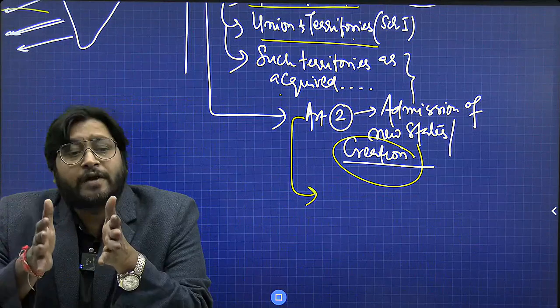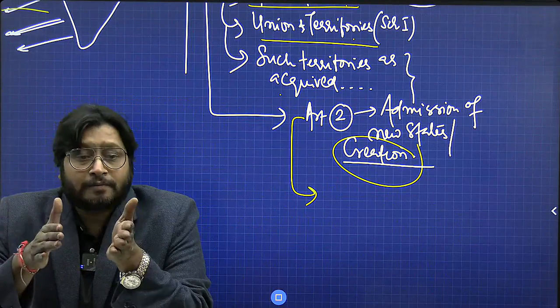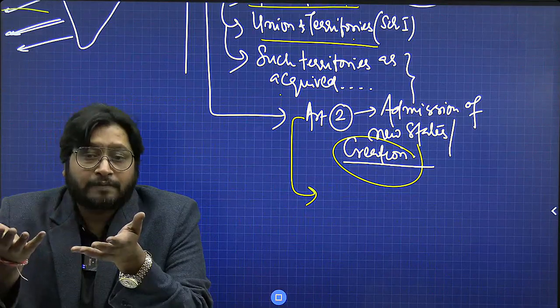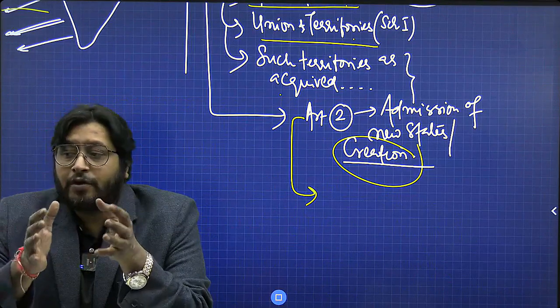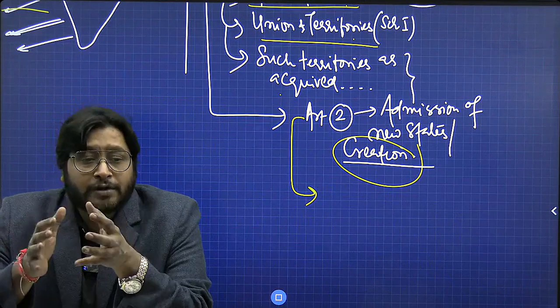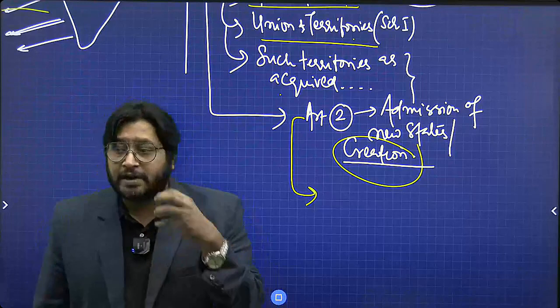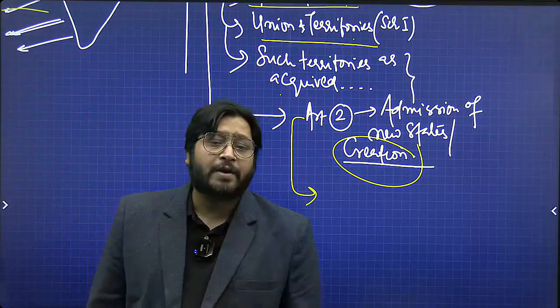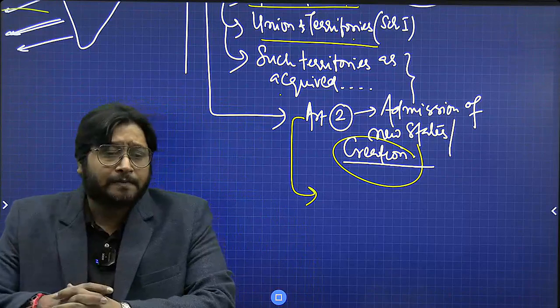If they don't give their approval in that time frame, it is considered as not giving any approval. Even if they give it, the union government does not have any obligation to accept whatever they have said. If they give any advice or recommendation, it may or may not be accepted by the union government, and generally they go ahead with that.